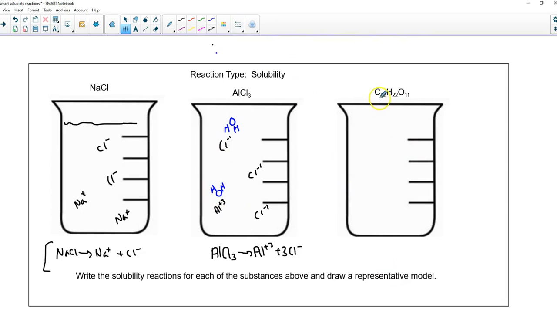Now, this one, you notice, is sugar. Sugar dissolves very nicely, but it is not ionic. So it would just be C12H22O11, let's say solid, just going to go to C12H22O11, and then we just say aqueous.